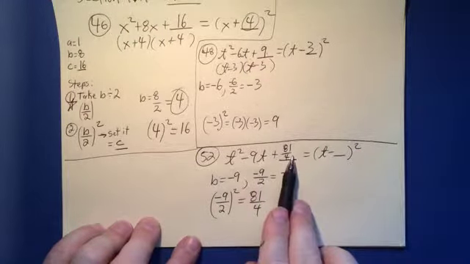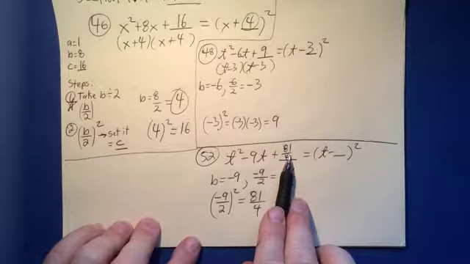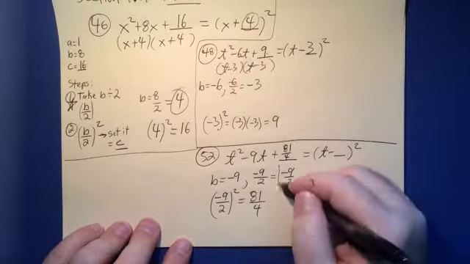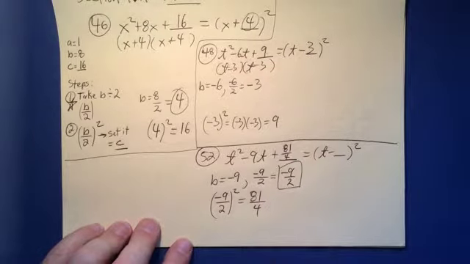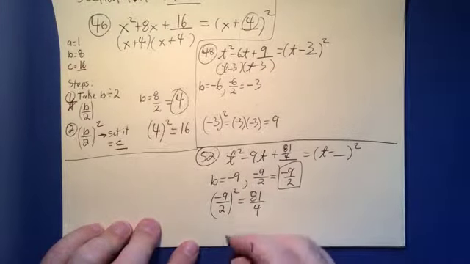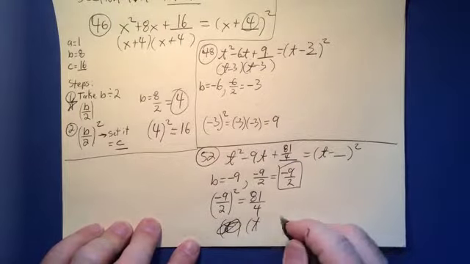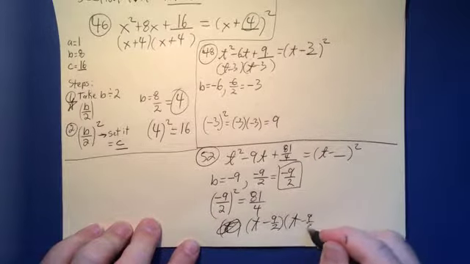But if you're trying to figure out how to factor all this, one number times itself is going to give you 81 over 4. So this is going to factor up here into t minus 9 over 2 times t minus 9 over 2.